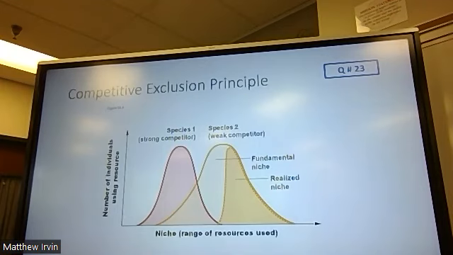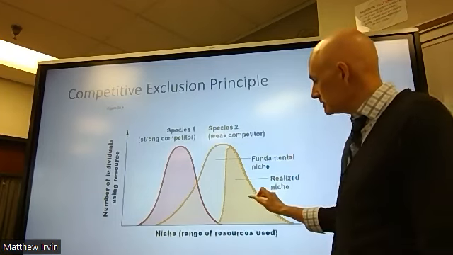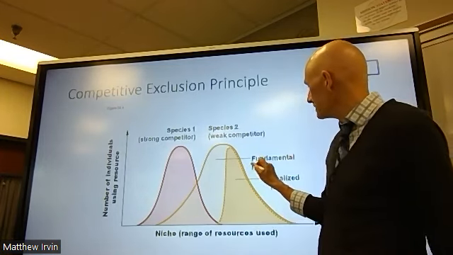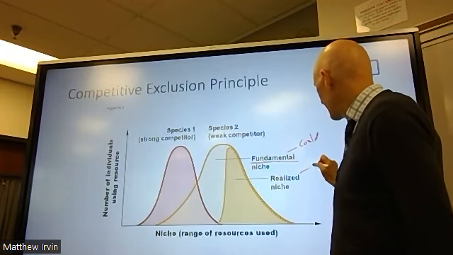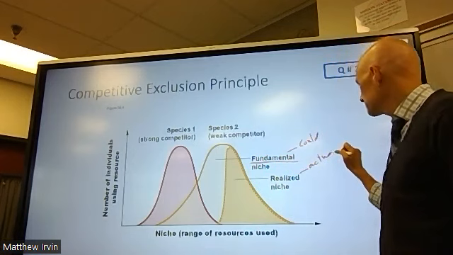Competitive exclusion principle. This is where you have a strong competitor outcompeting a weak competitor. So that reduces your weak competitor from its fundamental niche, where it could live, to where it actually lives.